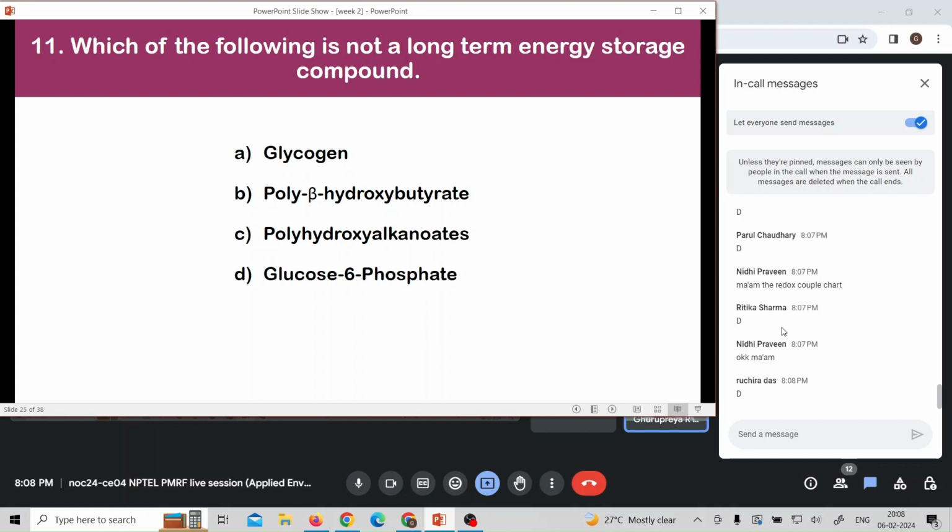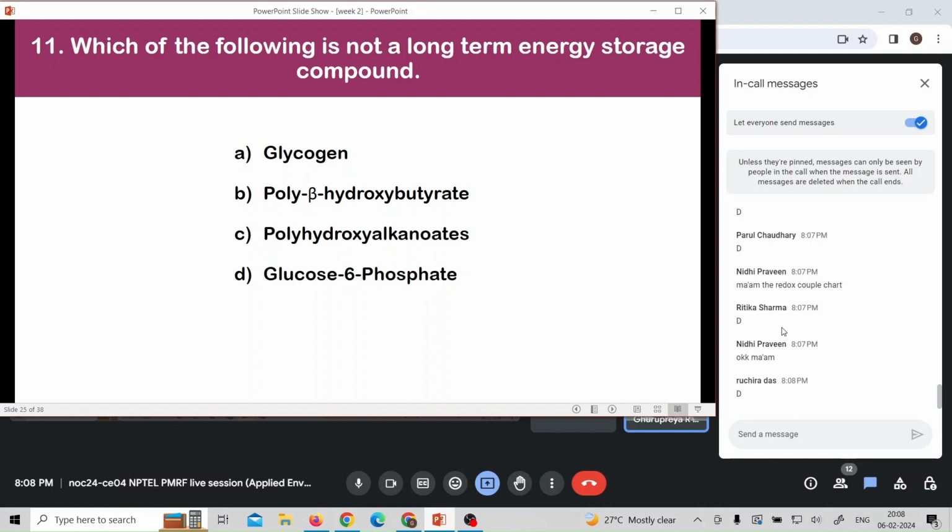D is the right answer. All of you know about the glycolysis cycle here. In glycolysis, you can get glucose 6 phosphate, which is an energy rich compound, but it's not a long-term energy storage compound.